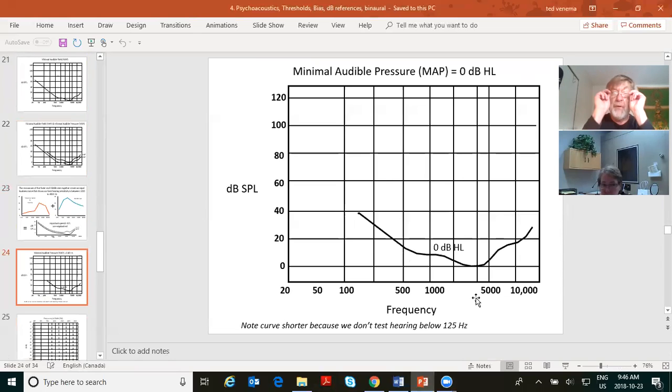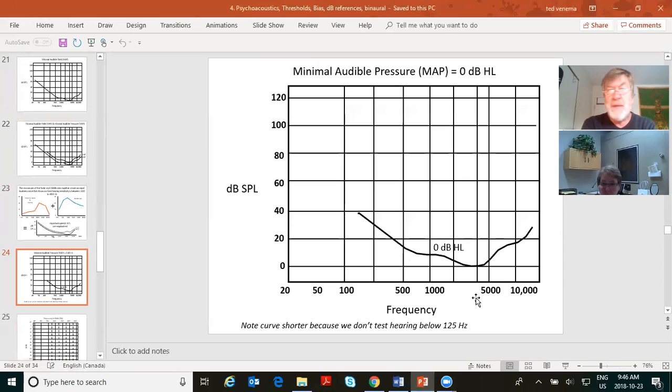Okay, so very important. Now, if you're looking carefully at this slide, MAP is 0 dB HL. MAP is in dB SPL. Look at the vertical axis.